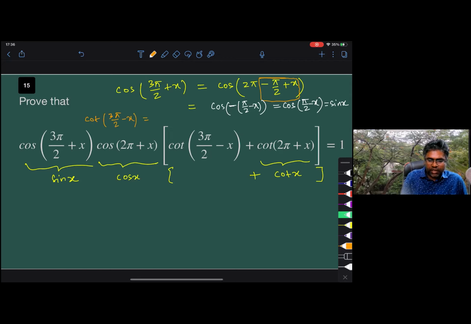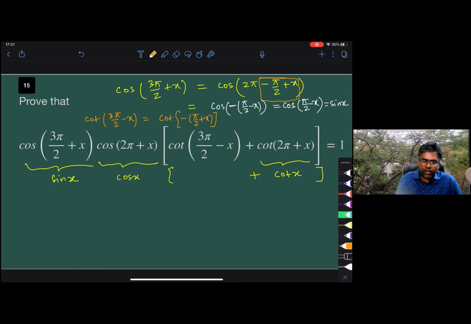So this will be again, I'll try to write it as cot 2 pi minus pi by 2. So 2 pi is not going to give me much. So I'm left with the cot of minus pi by 2 minus x, which I'll write as pi by 2 plus x. Okay, are you able to follow that? Is everyone okay there? Yeah.